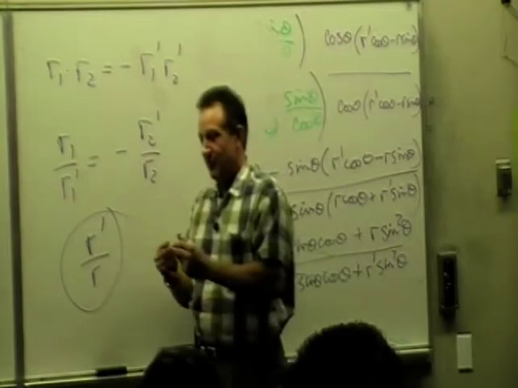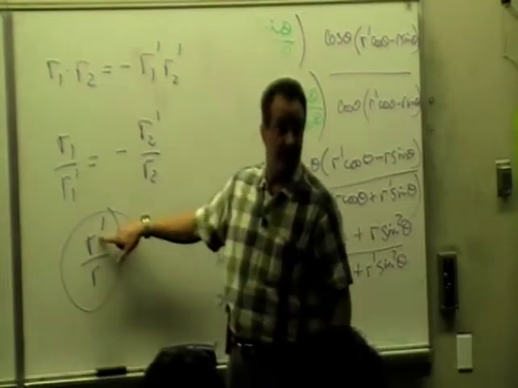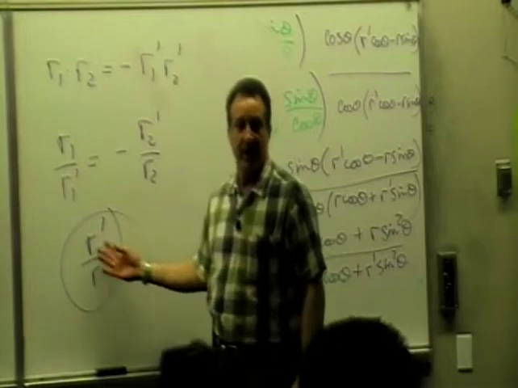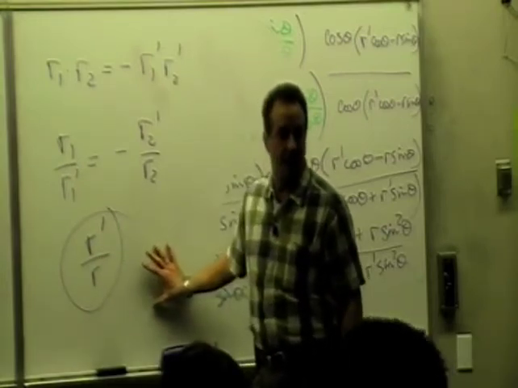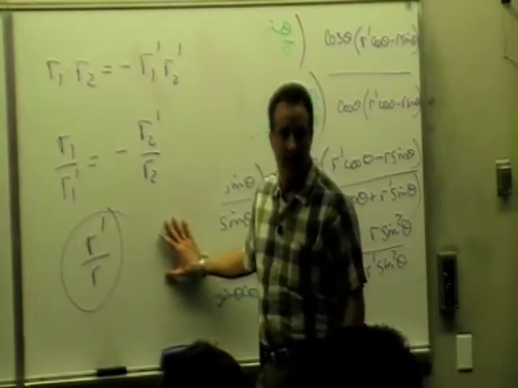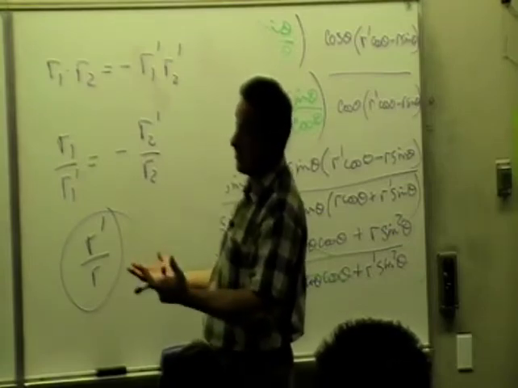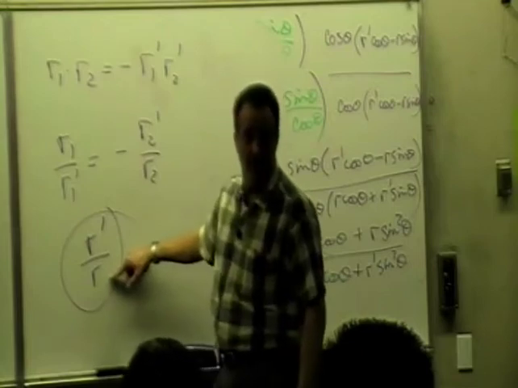In rectangular coordinate systems, it was just the derivatives that were negative reciprocals of each other. Here you have to take the derivative and divide it by r, and then the two curves' quantities are negative reciprocals of each other. Do you understand? So if I wanted to find whether two polar curves are orthogonal trajectories of each other, I would find this quantity for each polar curve.